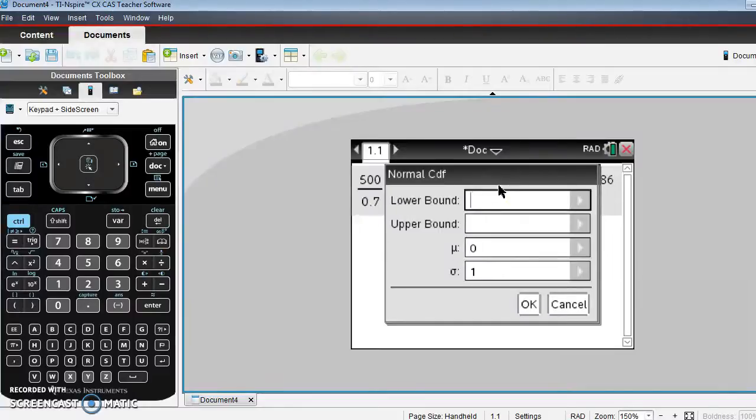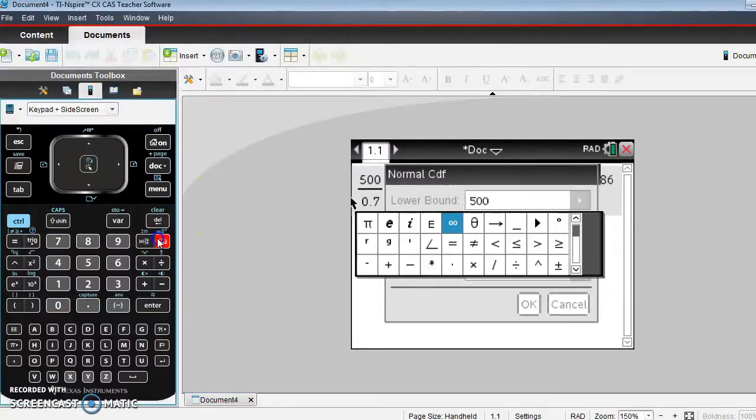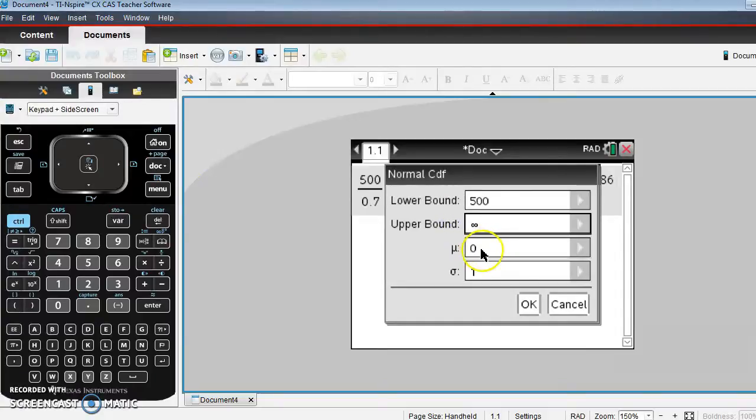So lower bound is 500, upper bound is infinity, and my mean is 500, and my standard deviation is 92, I forgot, 79.